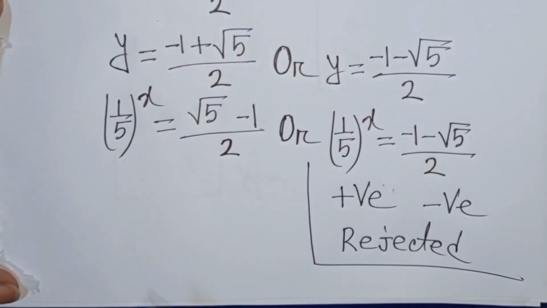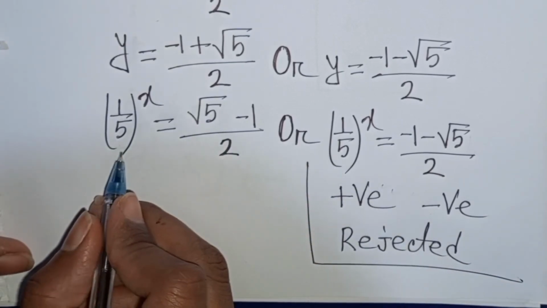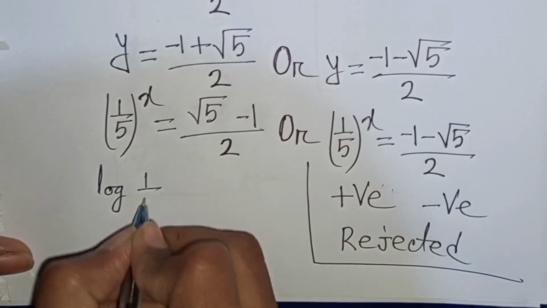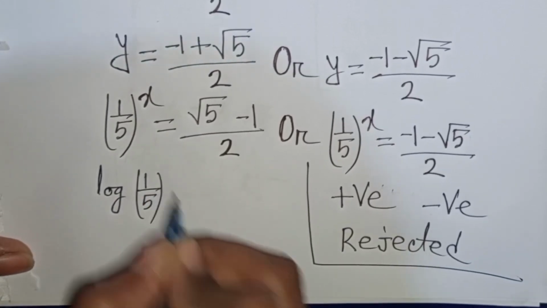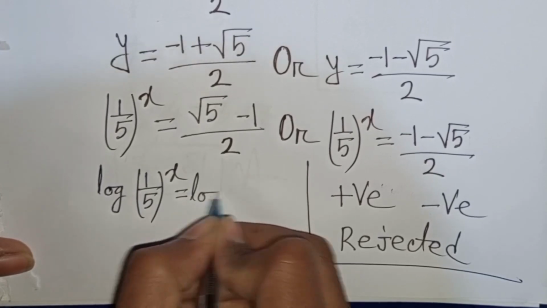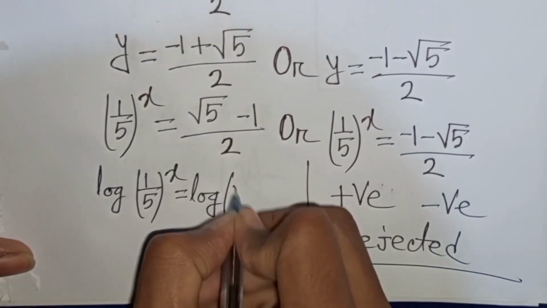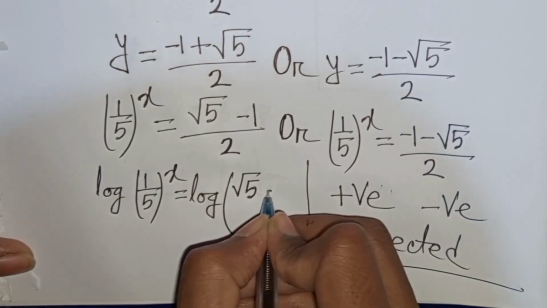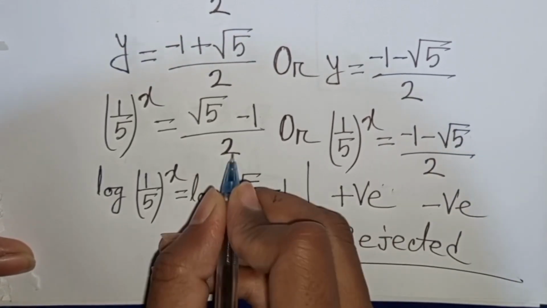Now from here we apply log on both sides. So you can write here log of 1 by 5 bracket power x is equal to log of a square root of 5 minus 1 divided by 2.